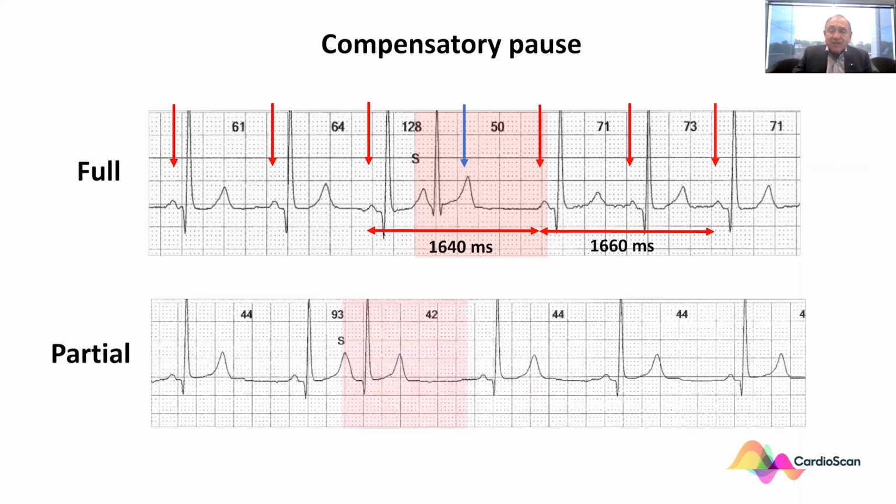The other type of compensatory pause is a partial one. Once again, you can see an atrial ectopic looks very similar to the one above. And again, we highlight the P waves with the red vertical arrows. Now, where is the hidden one? Well, it's not actually hidden. It lies outside the T wave and it's not there.